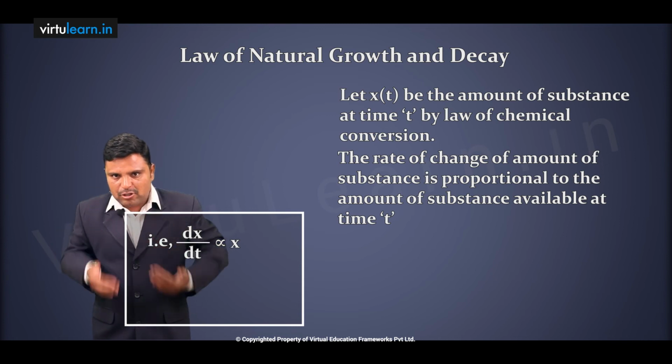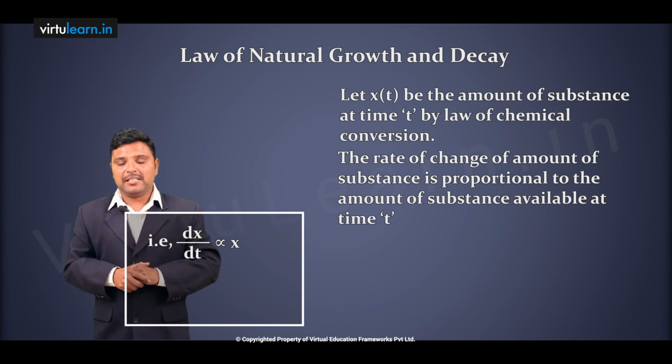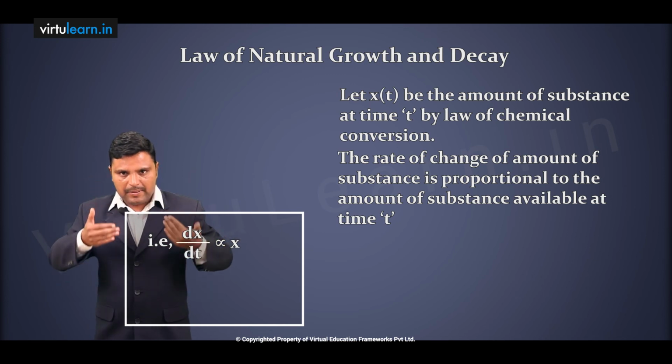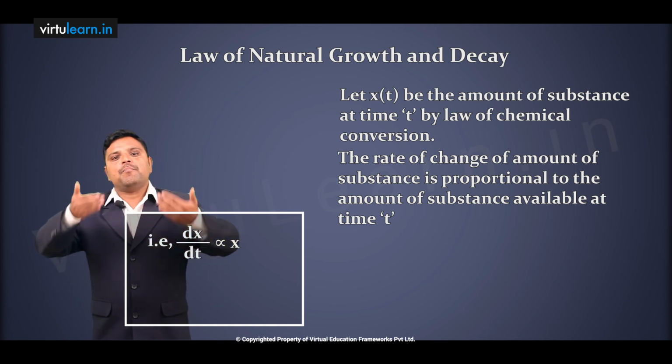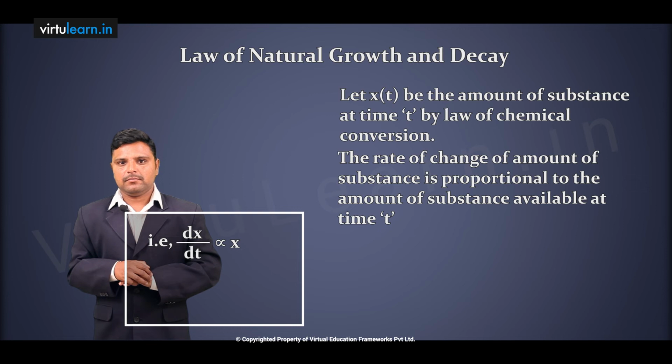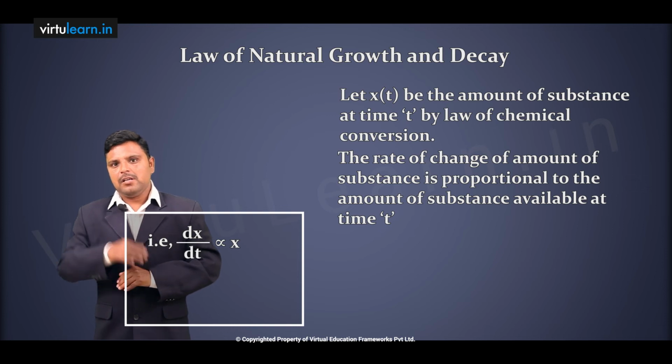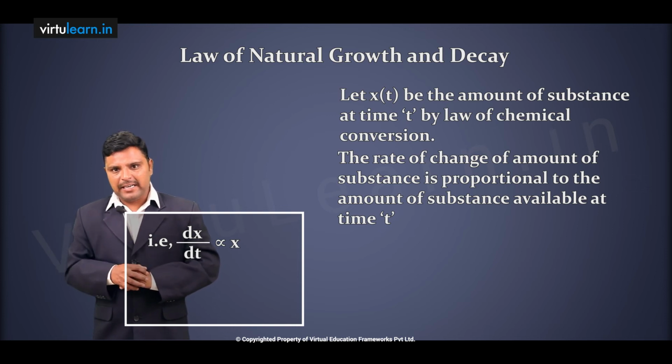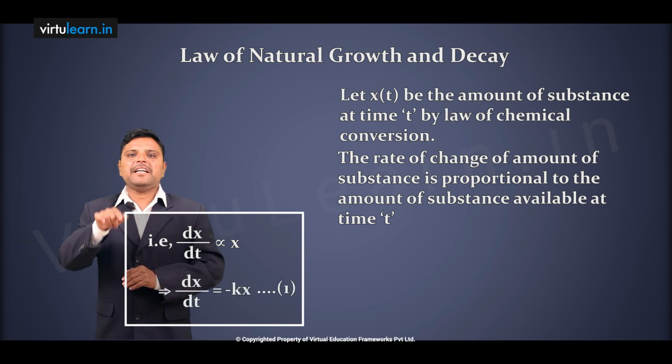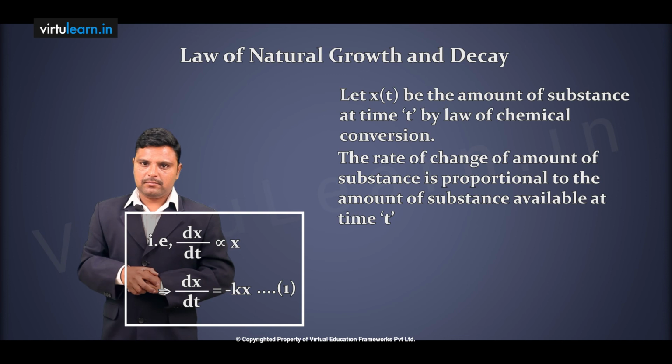If it is natural growth, you put plus kx. If it is natural decay, you put minus kx. First of all, the law of natural decay: dx by dt equals minus kx.